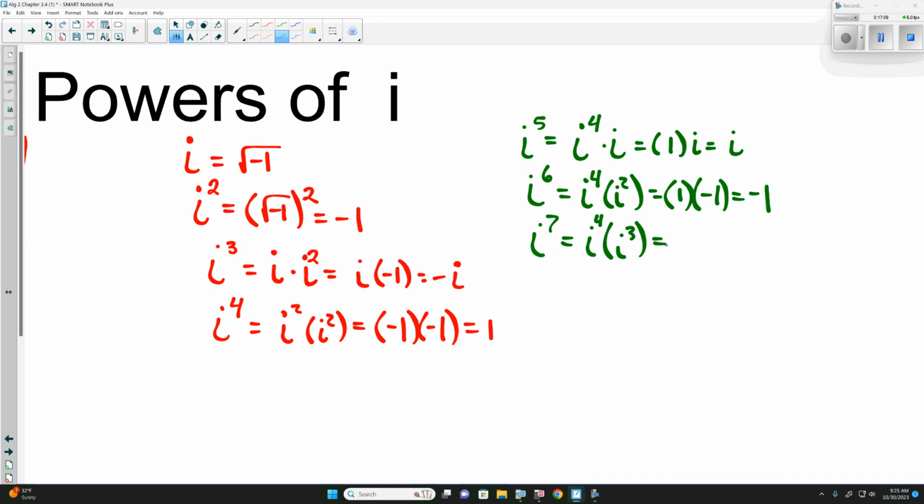I to the 7th. Well, that's just I to the 4th times I to the 3rd, yes? Well, I to the 4th is 1. I to the 3rd is -I. Y'all starting to see a pattern? I to the 8th. Anybody have a guess?